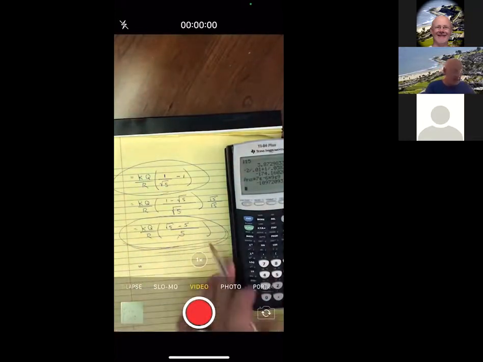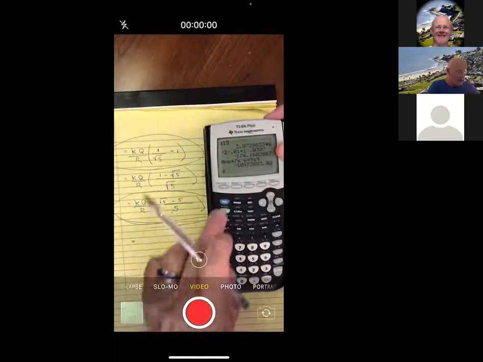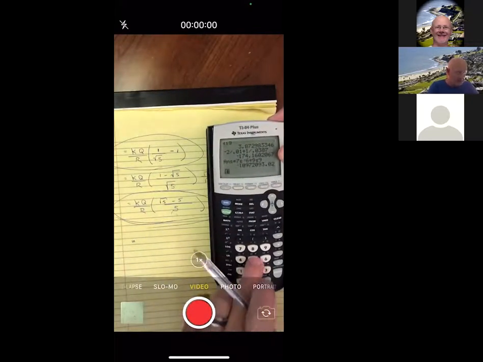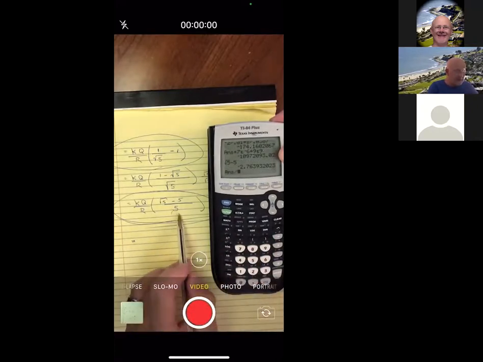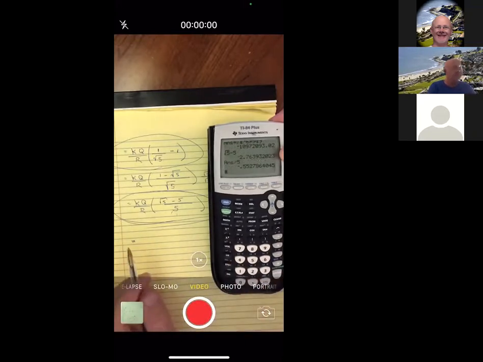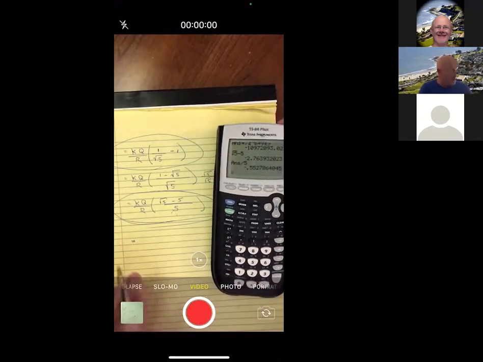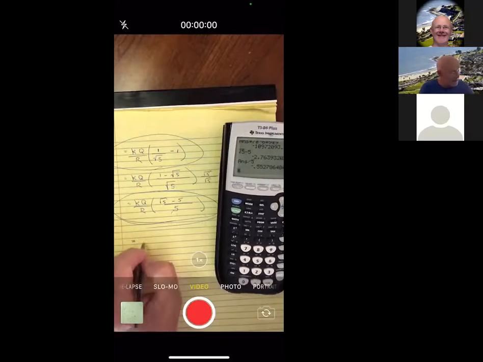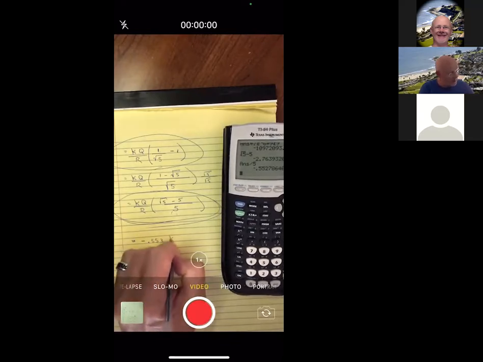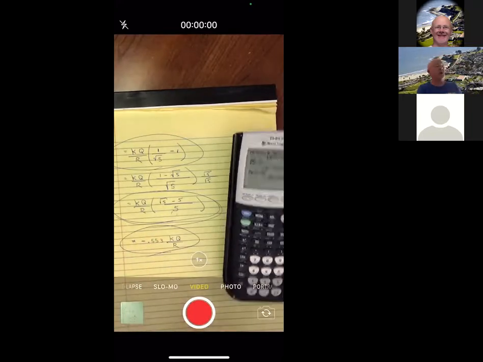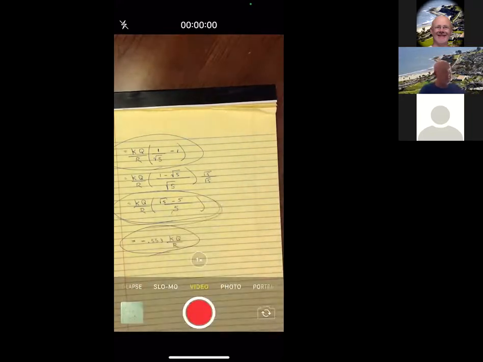But since I did this one, I'll go ahead and take the square root of 5 minus 5 for the numerator and divide that by 5 and get a negative 0.553 kq over r. And that's how your author puts it at the end.